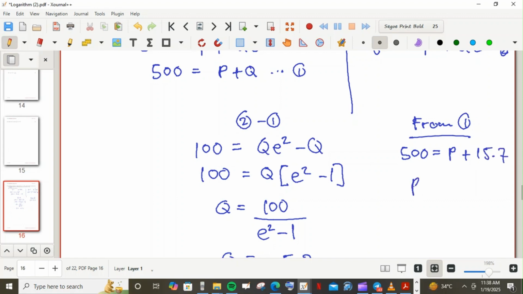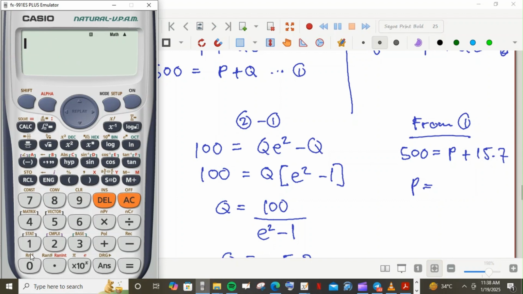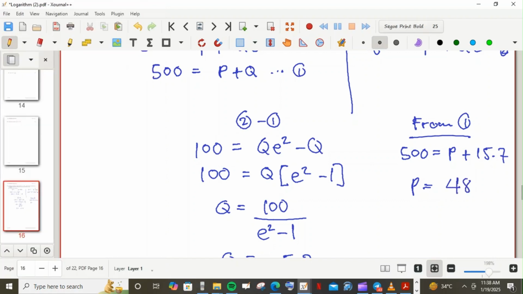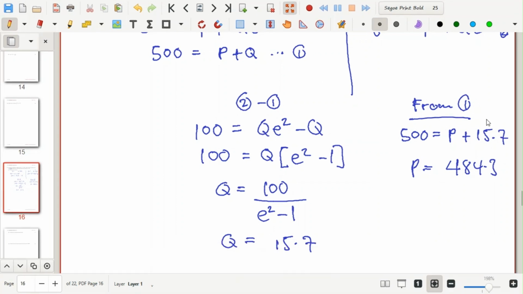So if I make P the subject, let's see. 500 minus 15.7 is 484.3. So that is my answer.